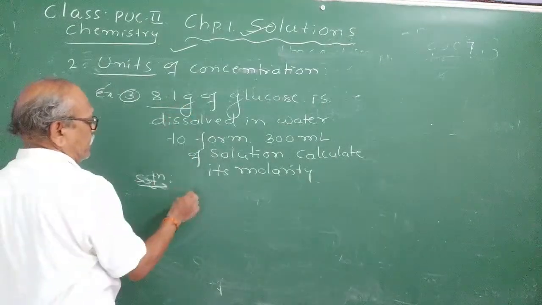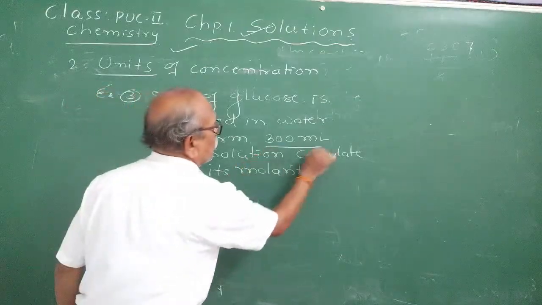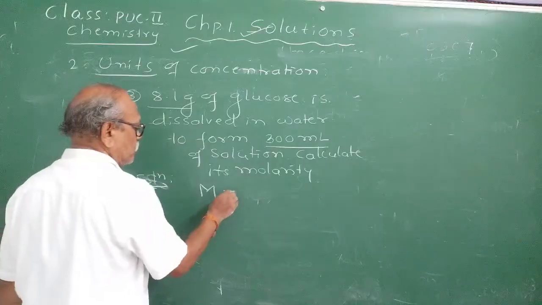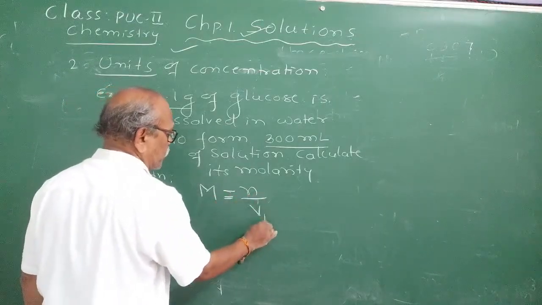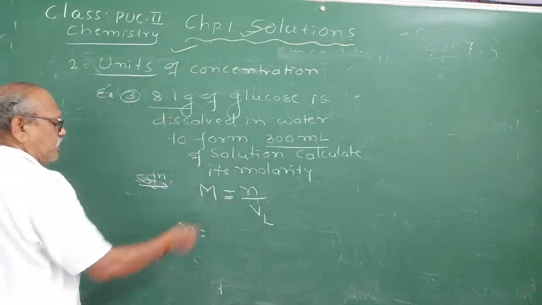First of all, molarity can be obtained, when volume is given in cc, by knowing the number of moles upon the volume of the solution in liter. Calculate the number of moles if you cannot directly remember.